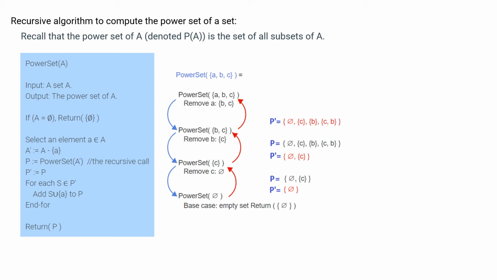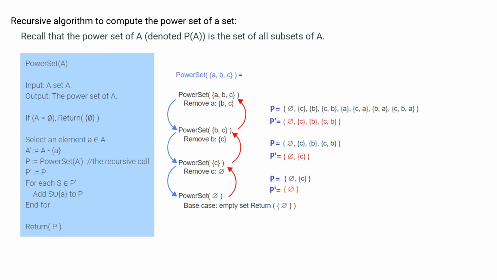So p prime is equal to this set, the set of sets that was returned. And now we take every set in there and add what got taken away for that iteration, which was the element a. Add that into every set here in p prime and put that back into p.